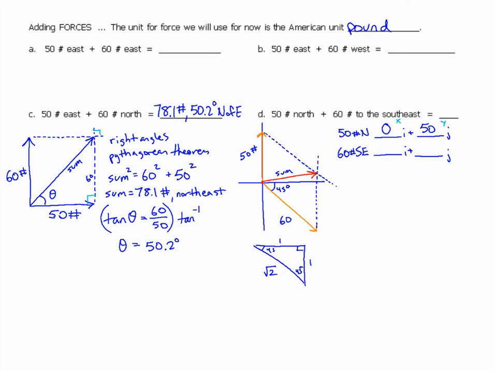Here's what we're looking at. We are looking for I, the horizontal component, and we are looking for J, the vertical component.